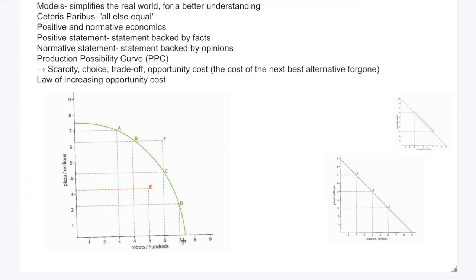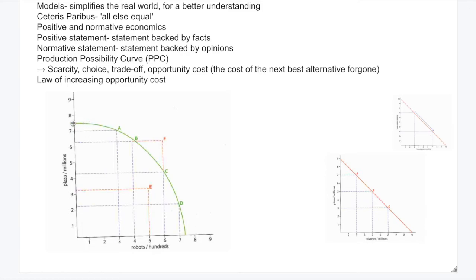Well, let's look at it this way. Let's say you have zero robots. That means you're producing this many millions of pizzas, a lot of pizzas. And let's say you want to increase to 100 robots. That means some of the workers that were creating pizza can create robots. In the beginning, we choose some workers whose specialty is creating robots.